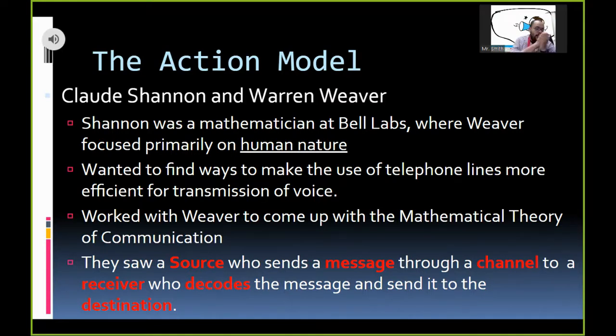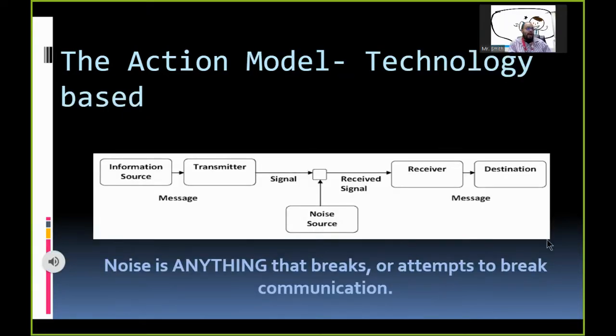Okay? So they saw that a source sent a message through a channel to a receiver, and the receiver decodes the message. Now, me deciding how I'm going to send that message, how I'm going to talk, that's what's called encoding, which we'll talk about more throughout the week. So this is a picture of the action model. It says that it's technology-based because every part of communication is technology-based.